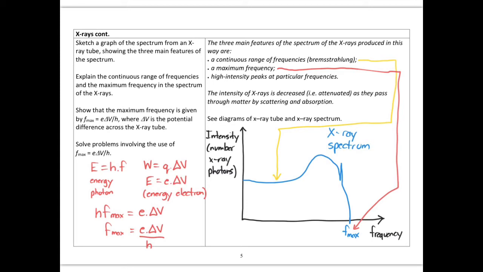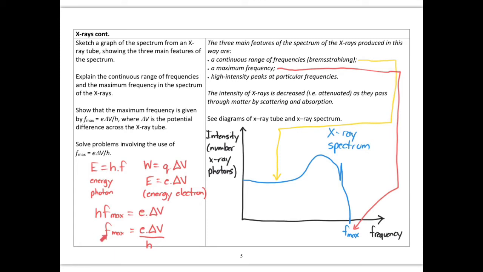So the maximum amount of energy that the X-ray photon can get is if all of the energy of the electron that was being fired at that target is lost and converted to the photon. So hf max, the maximum frequency, which is the maximum energy, would be equal to e, the charge on an electron, times ΔV.